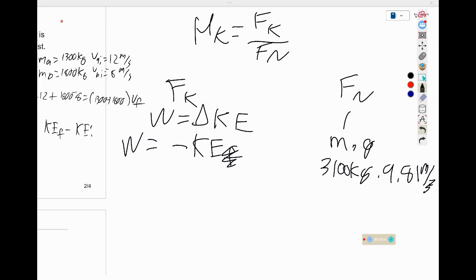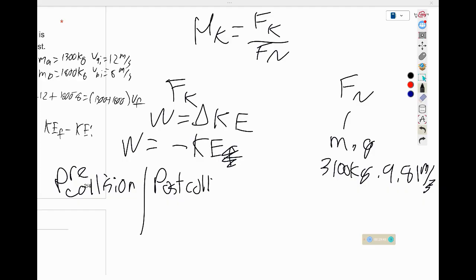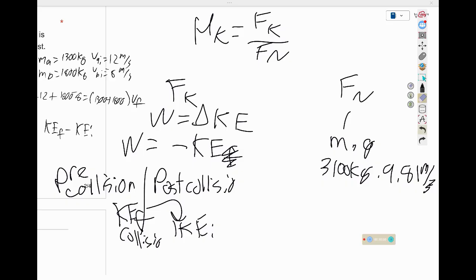But we're breaking the problem into two parts: pre-collision and post-collision. Whatever the final kinetic energy is at the time of the collision is going to be the initial kinetic energy for slowing down. I know that's a little confusing, but hopefully that makes sense.